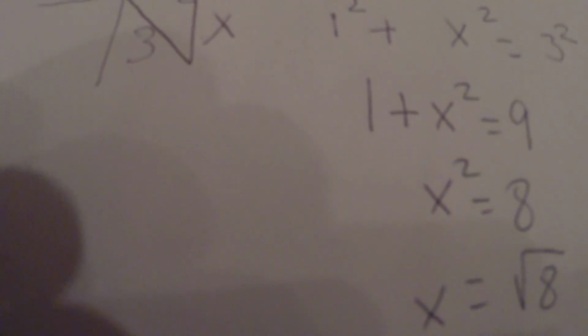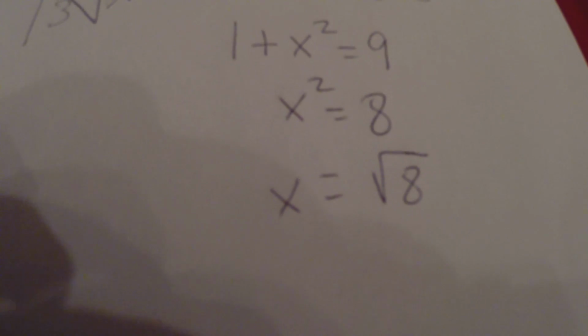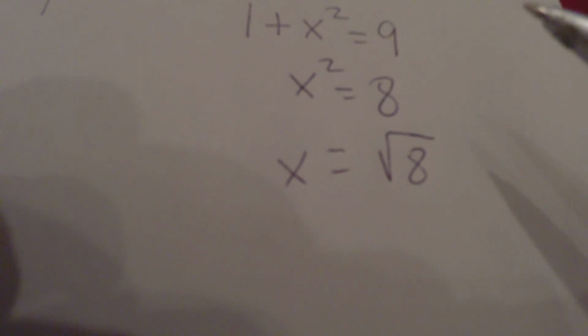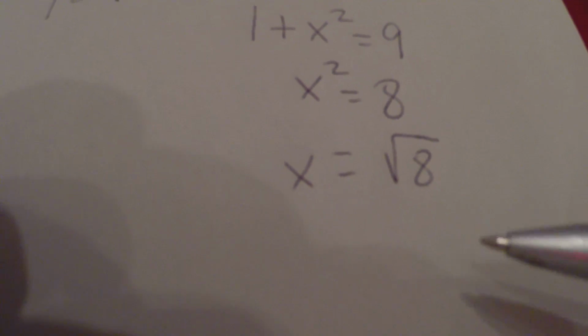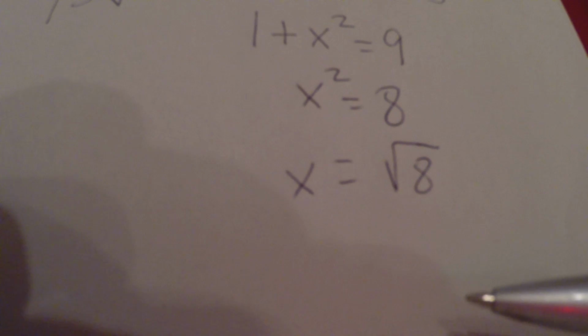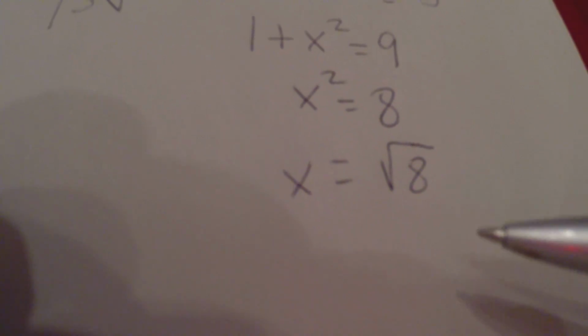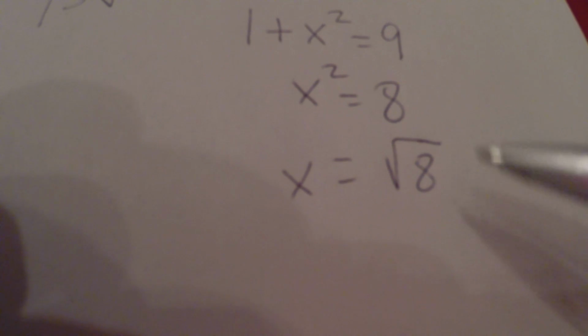Now, some people may have some issues with this, but the square root of 8 can actually be simplified. Whenever you get the square root of a number, you want to ask yourself, can I divide this through by a perfect square? Well, in your head, you should immediately think, what is the first perfect square I have to try here?